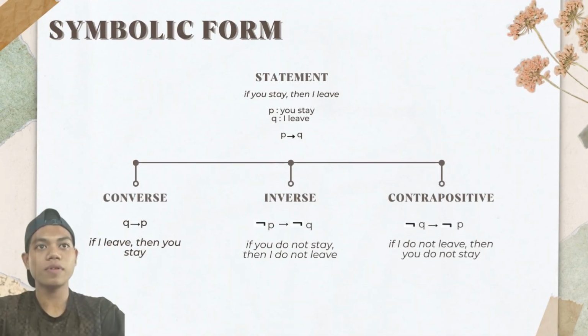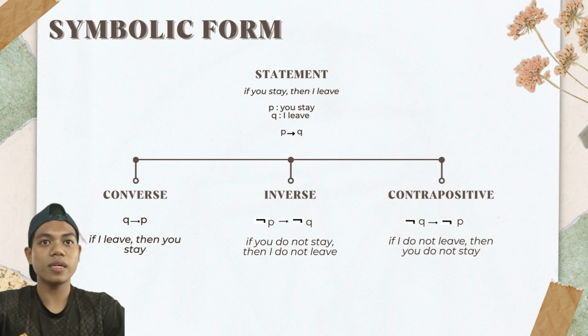Let's take a look at an example in symbolic form. The given statement is, if you stay, then I leave. We denote if you stay as P and I leave as Q. So the conditional statement is if P then Q. In the converse statement, we change to if Q then P, which is if I leave, then you stay.